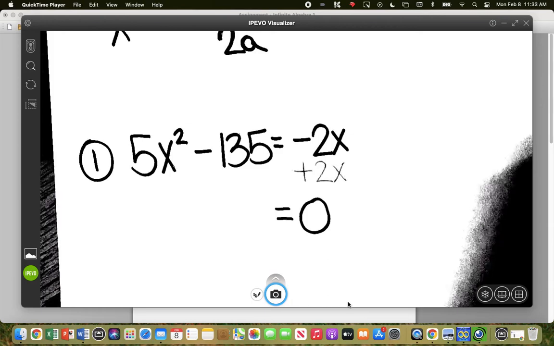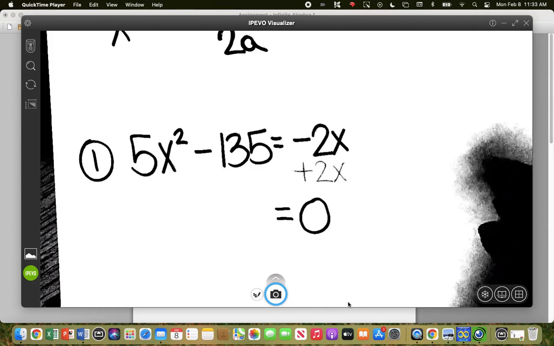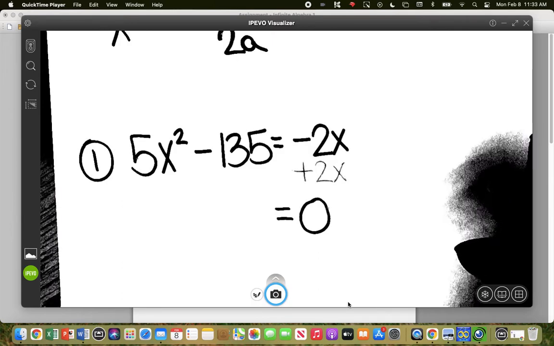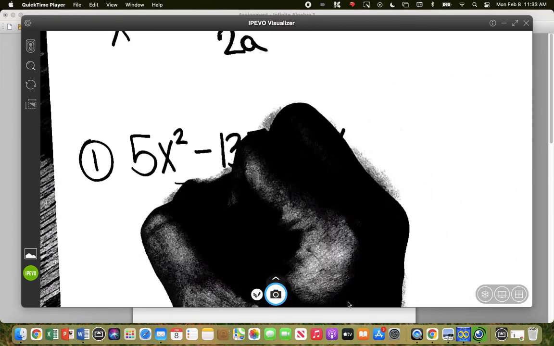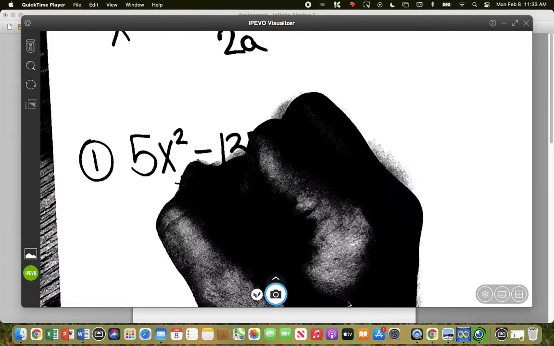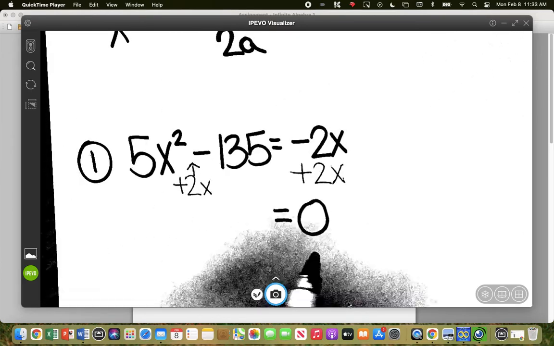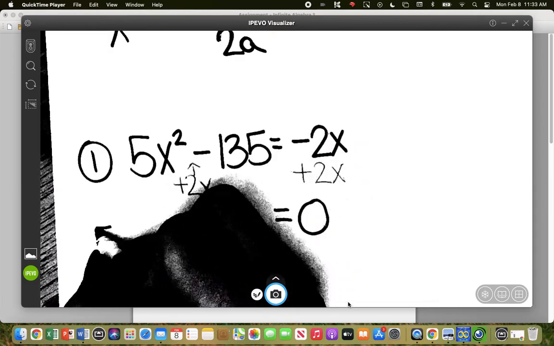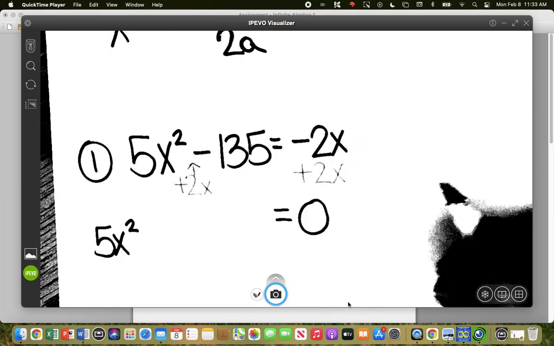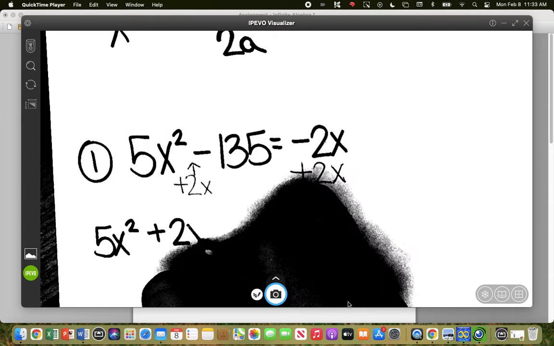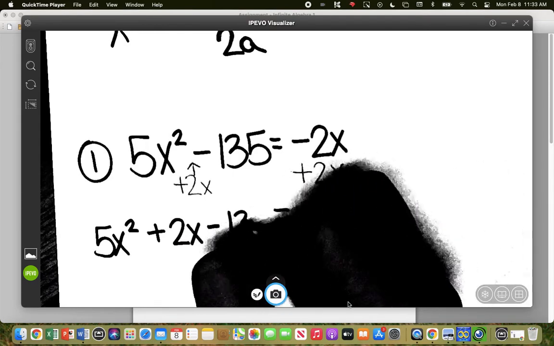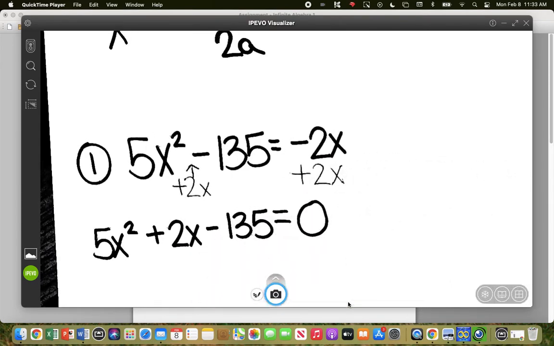Now the x term, don't we typically like that as the second term? We always like our x squared and then our x term. So I'm actually going to write this plus 2x here because we want it to go in between those. And so we will now have 5x squared, and we added the 2x over, so it's plus 2x minus 135 equals 0.